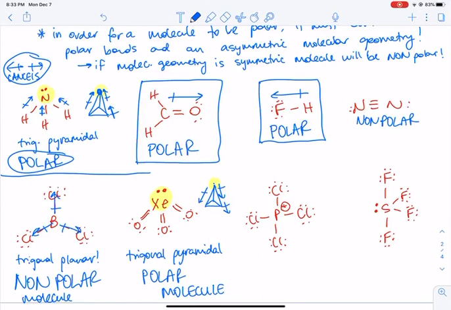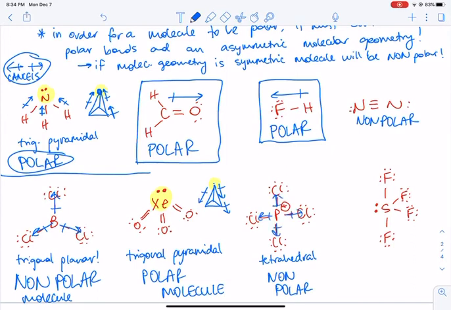Here we have a tetrahedral molecular geometry. This is considered a symmetric molecular geometry with respect to the central atom. So this would be considered non-polar because each one of those dipole moments is facing away.